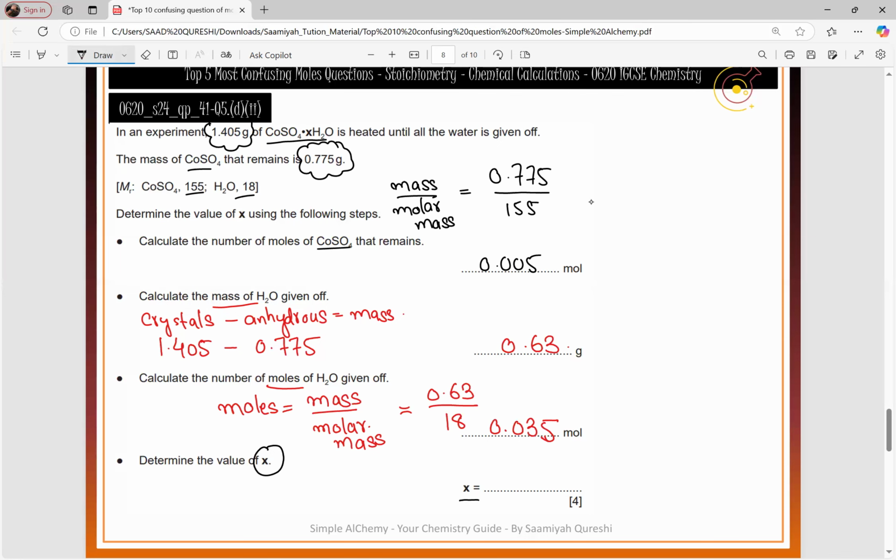Now, to find out the value of X, we'll do the moles of water divided by the moles of salt, which is cobalt sulfate.